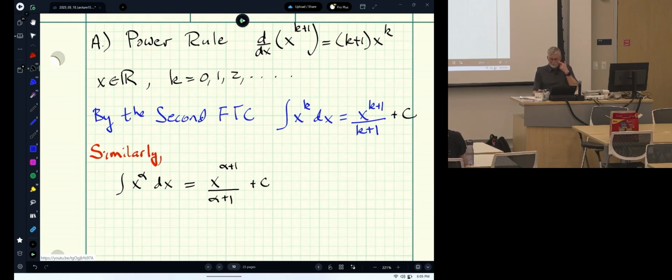My apologies. Okay, this is for x positive, alphas in the reals, alpha not equal to -1. Why not equal to -1? Because we don't want to divide by 0.